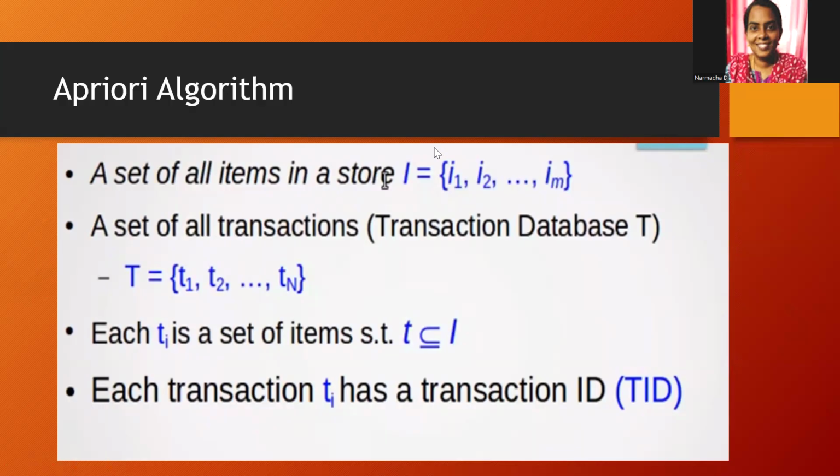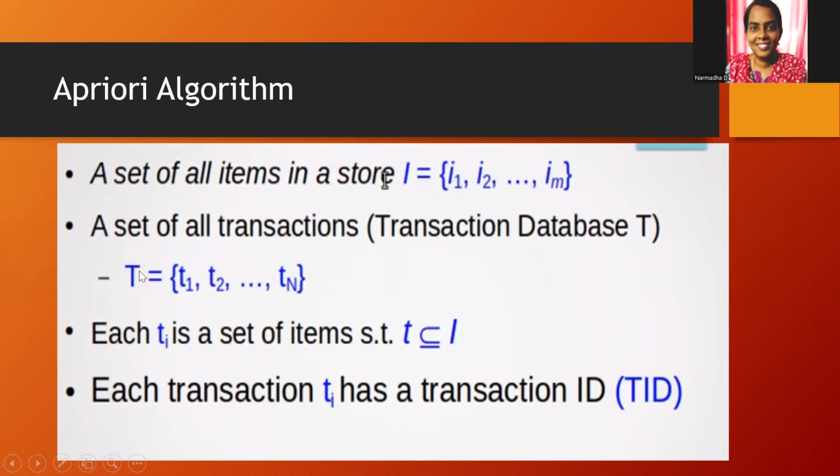Now, for this algorithm, called the Apriori algorithm, we have certain variables that we have to understand. I represents all the items available in the store. If you go to Amazon, these are all the products that could be available, like books or any item the user is interested in.